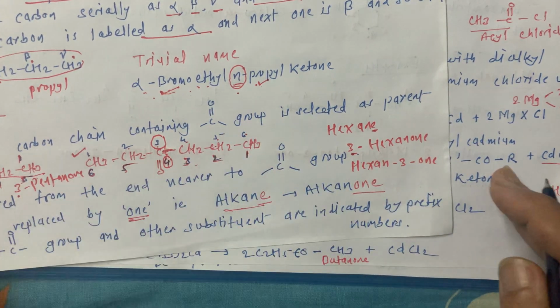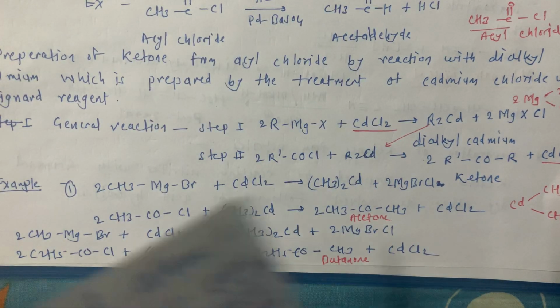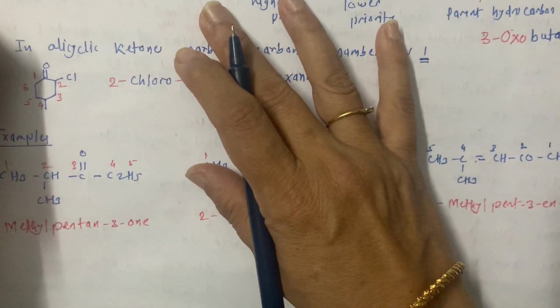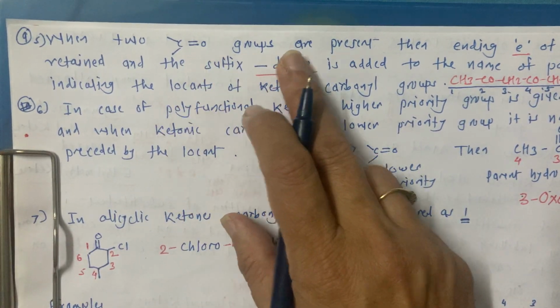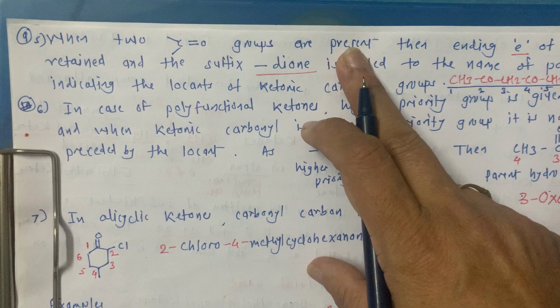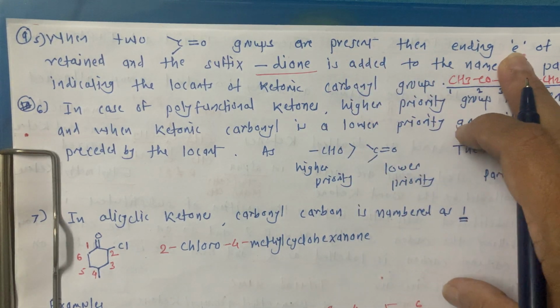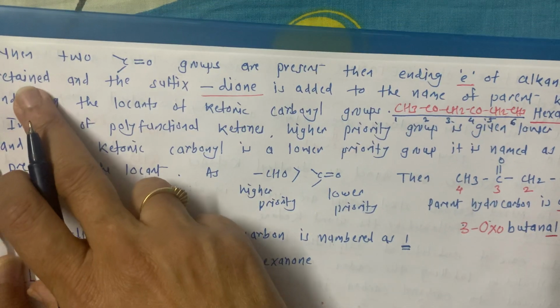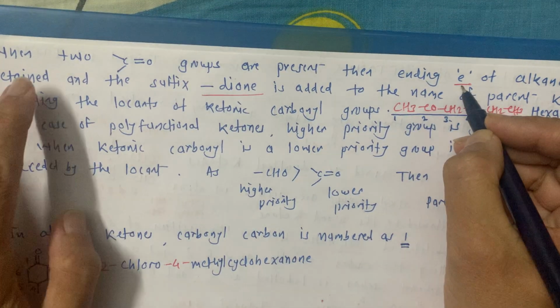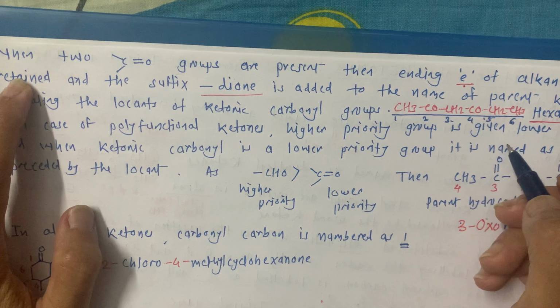Okay. So then next, when two carbonyl groups are present, then the ending E of the alkane is retained. This is very important. The ending E is retained.